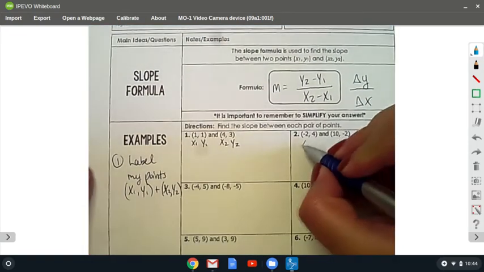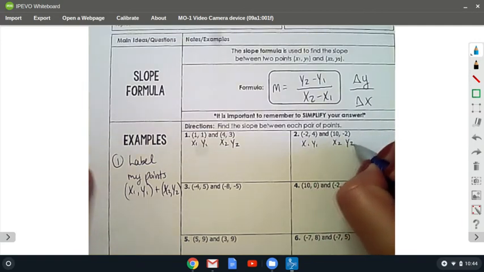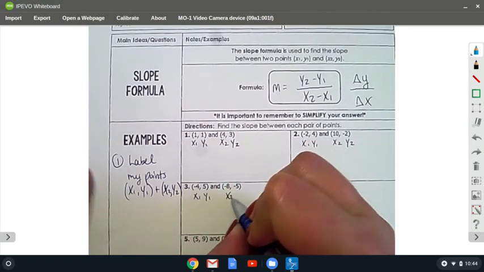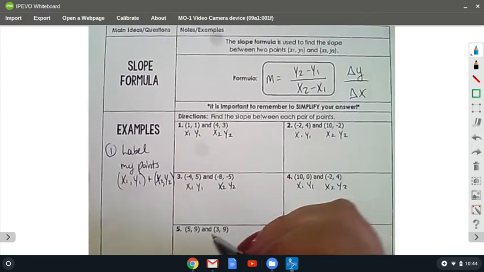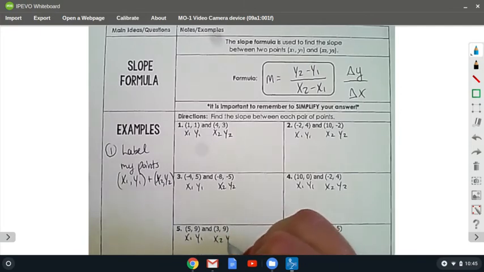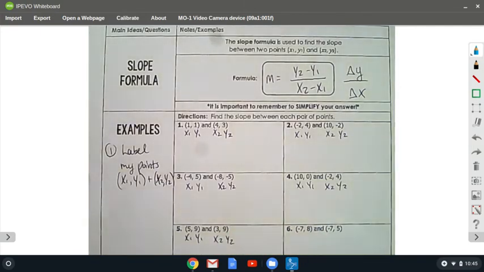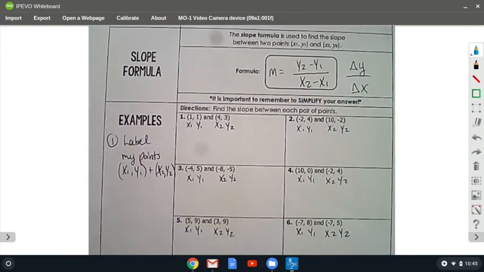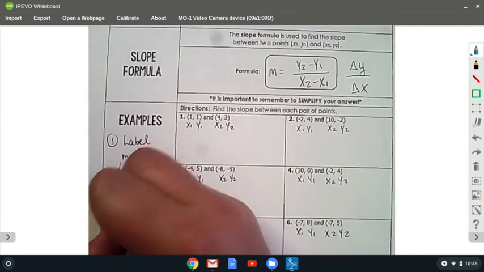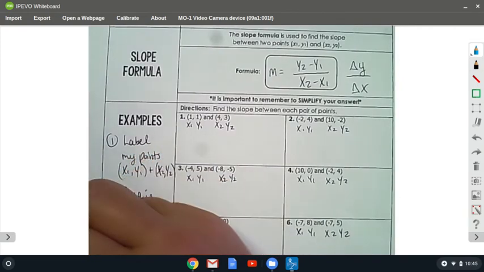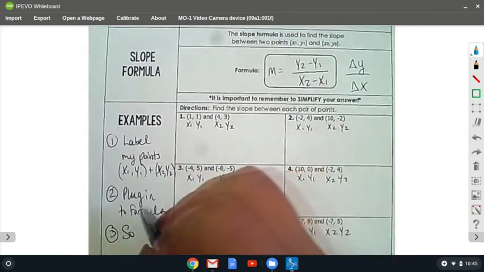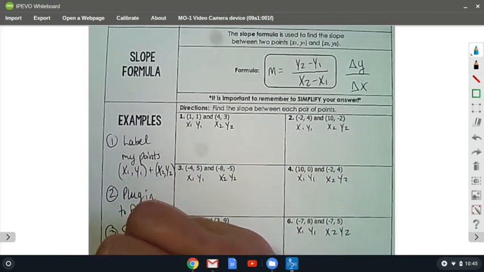I'm just going to go ahead and do that for all of these. Now my next step is to plug into the formula. And then my last step is to solve/simplify.